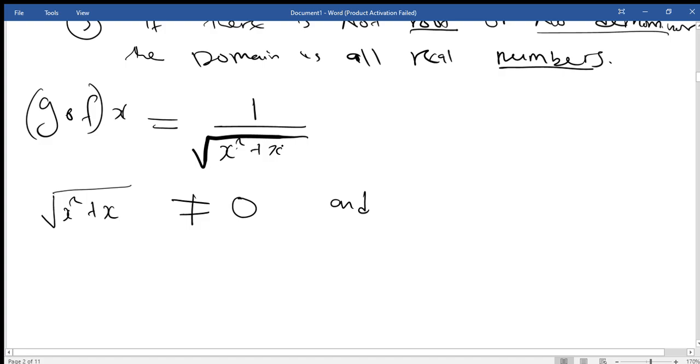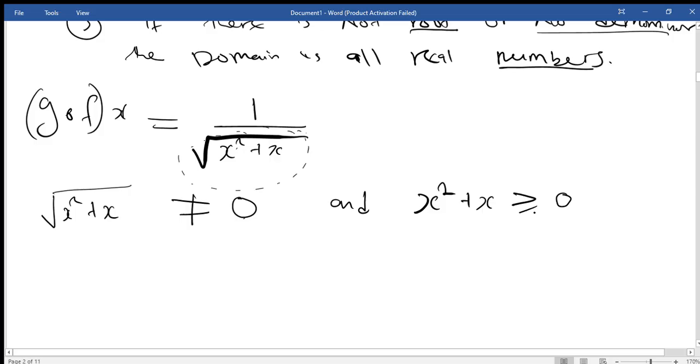So if I look at the restriction of the denominator, whatever I have here should not be 0. But if I look at the restriction of the root, it means that anything under the root should not be negative. It means it can be greater than or equal to what? 0. Those are the two restrictions we are going to be looking at.